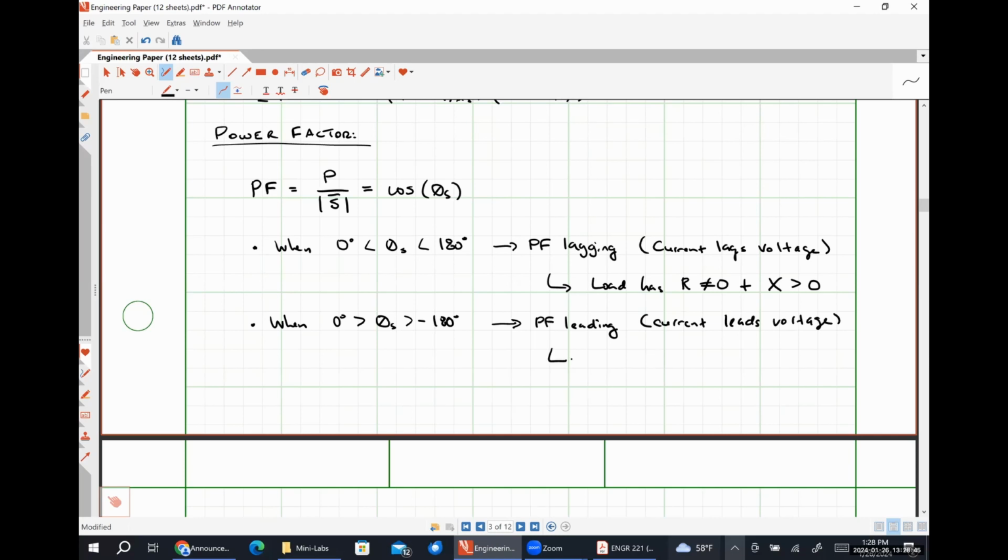And this means that we have a capacitive load. So our load has a resistance value that is not equal to 0, and it has a negative reactance.